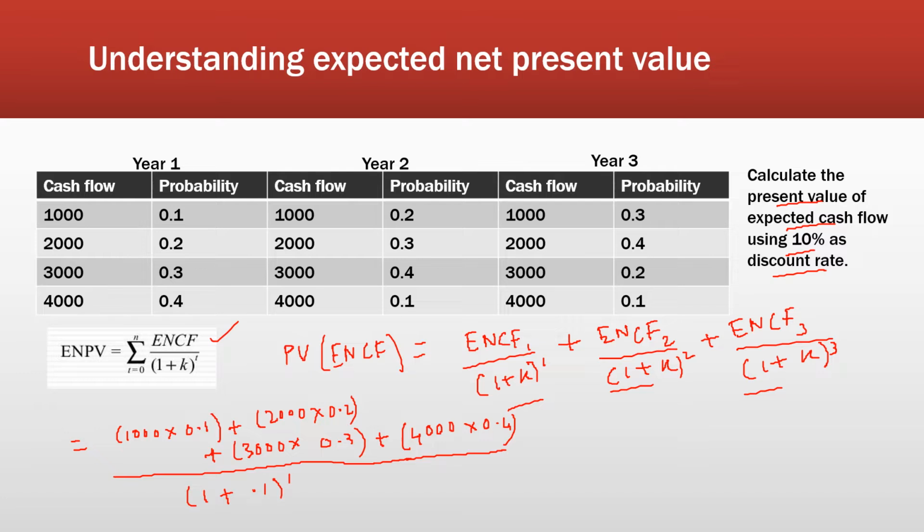Now again the same thing for year 2, that is 1000 into 0.2 plus 2000 into 0.3 plus 3000 into 0.4 plus 4000 into 0.1.